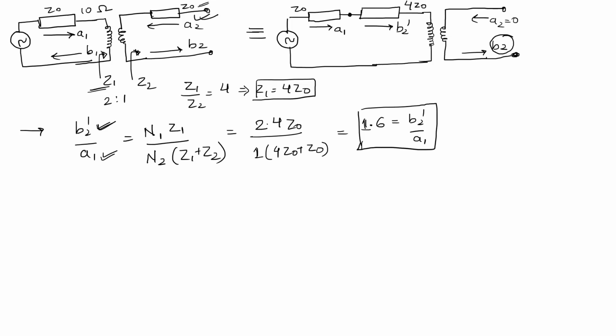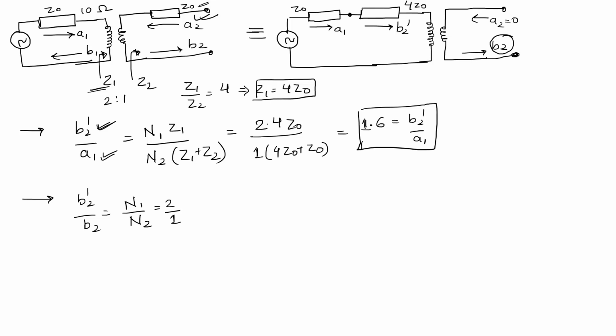But what is the relation between B2 dash and B2? B2 dash upon B2 is equal to N1 upon N2, right? This is 2 is to 1.